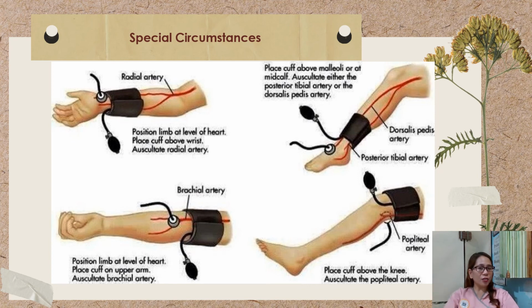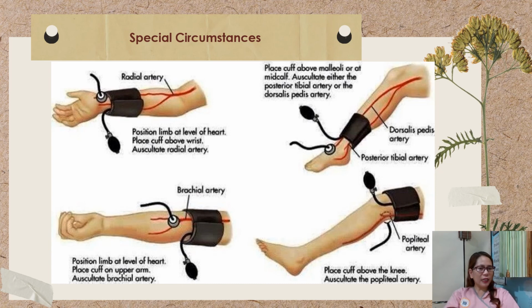So there are other locations, no, where you can take the blood pressure. Okay, you can use the radial artery, wherein you have to position the limb at the level of the heart, place the cuff above the wrist, and auscultate the radial artery. So you can see the location or the placement of your stethoscope.